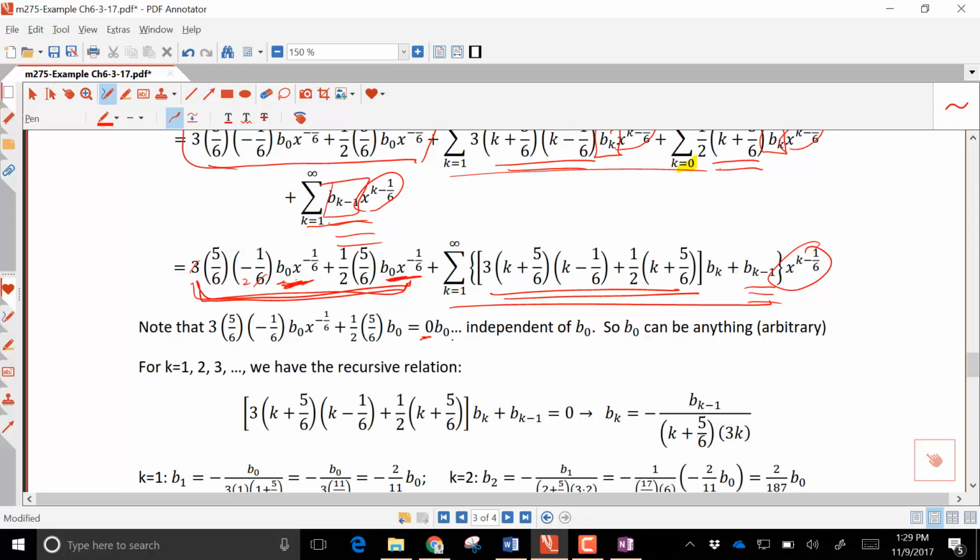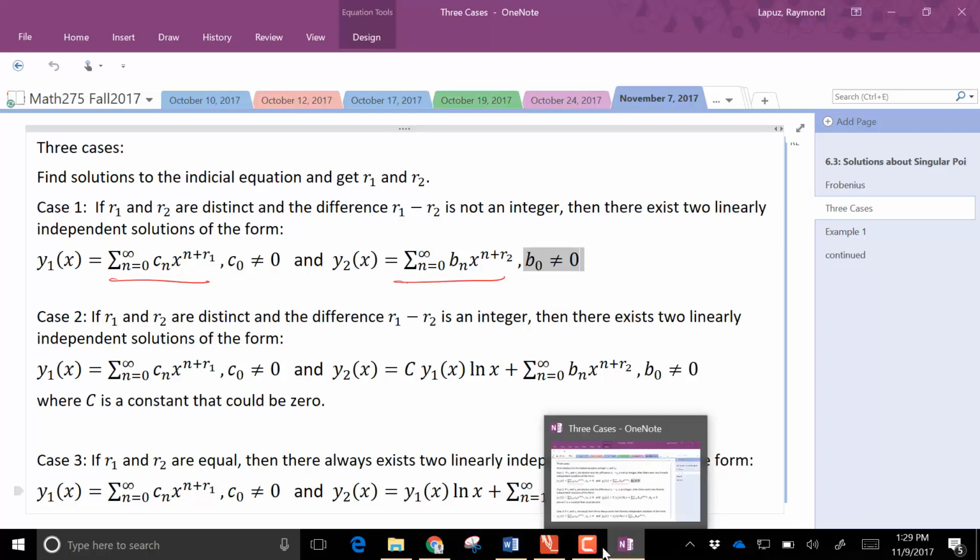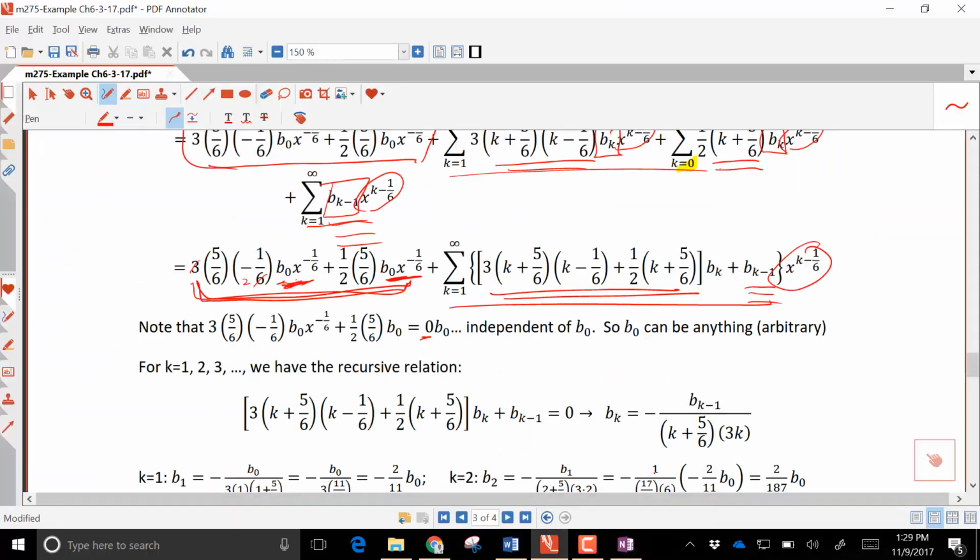And remember, one of the points that they made in the cases is that b sub 0 cannot equal 0. So that, in effect, will be our arbitrary variable. So we're going to let b sub 0 be just b sub 0. It's almost like a C2 or something like that when we used to write them as C1 y1 plus C2 y2. So this is your arbitrary constant that we're going to come up with.